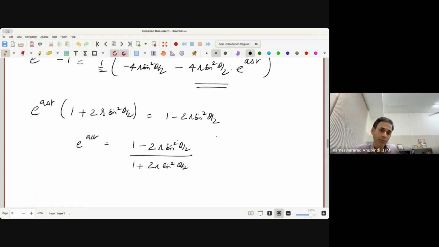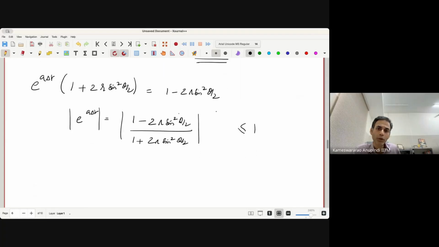So we want the modulus of this to be less than or equal to 1. We know that the maximum value for sine square theta by 2 is 1 and r is always positive, 2 is always positive. So this is always satisfied, right? You have 1 minus 2r sine square theta by 2 by 1 plus 2r sine square theta by 2.